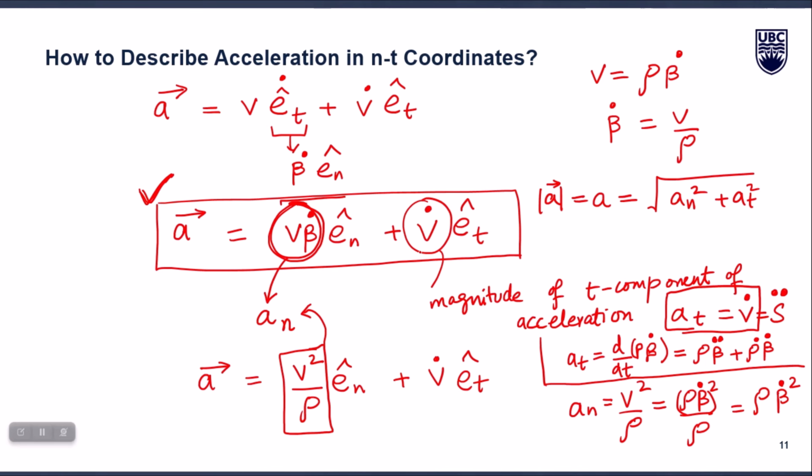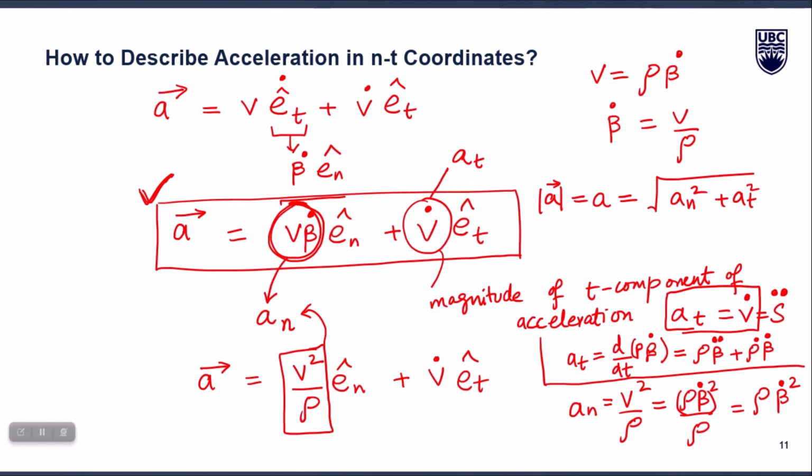Both of these quantities a sub n and a sub t will have acceleration units, because they are the magnitudes of the two acceleration components, right? So this is a sub t, so acceleration unit, and this whole quantity v times beta dot should have an acceleration unit.